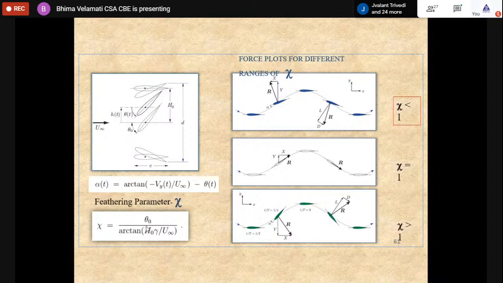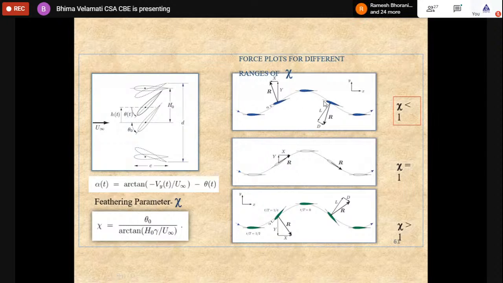If I keep the feathering criterion less than 1, that means as the aerofoil goes through a sinusoidal motion, the angle of attack will always be negative.